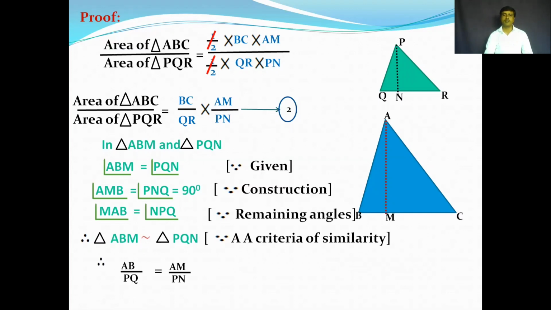Here is AB by PQ. AB, the corresponding angle of A is P, corresponding angle of B is Q, therefore PQ, AB by PQ. Then the second element is AM, the corresponding angle of A is P, corresponding angle of M is N, so PN here. So AB by PQ equals AM by PN. Let us call this equation number 3.